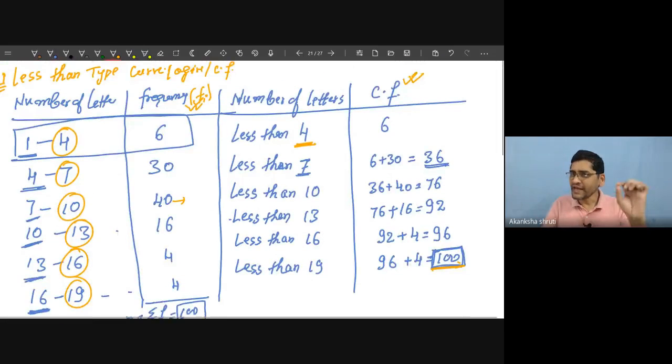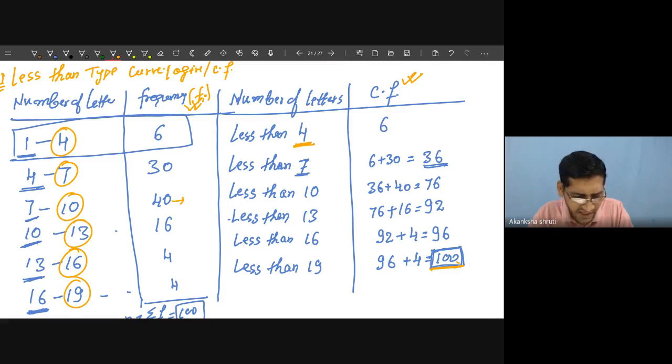That plot we have learned in our linear equation in two variables, how to plot a graph. So what are the points to be plotted here, students? One is this 4, another one is this 6. So this 4 has to be plotted on the x-axis and 6 on the y-axis. For the next, the pair is 7, 36.